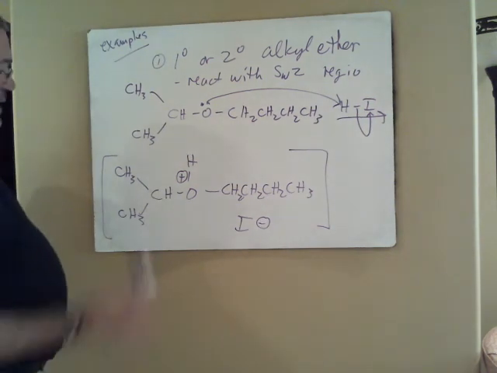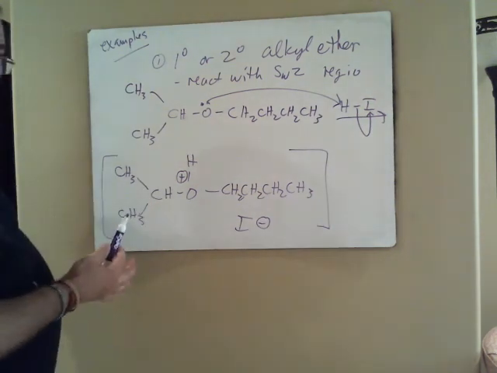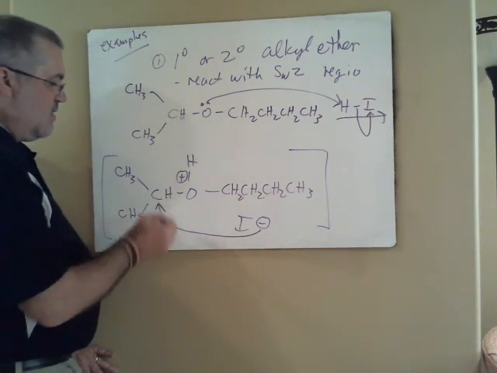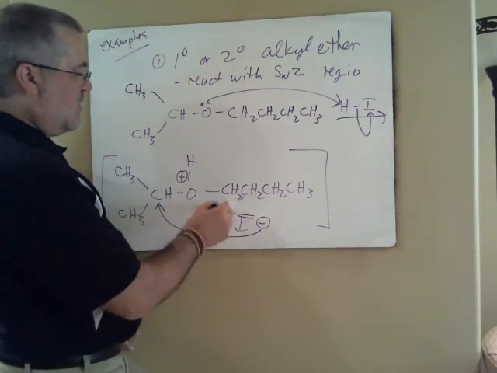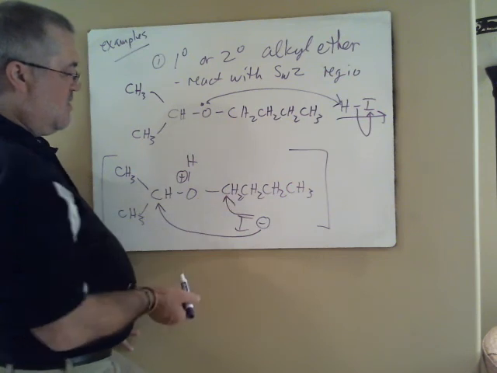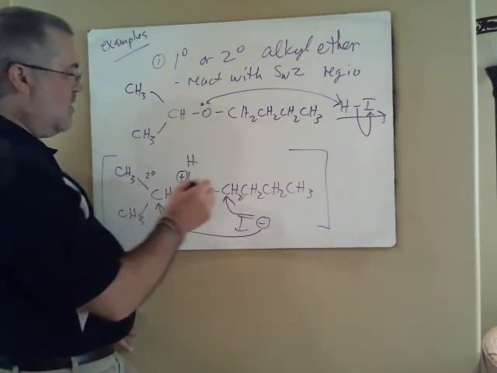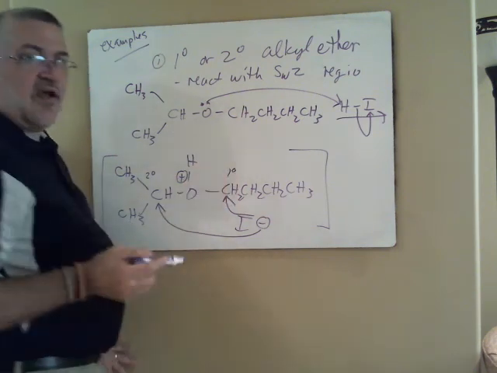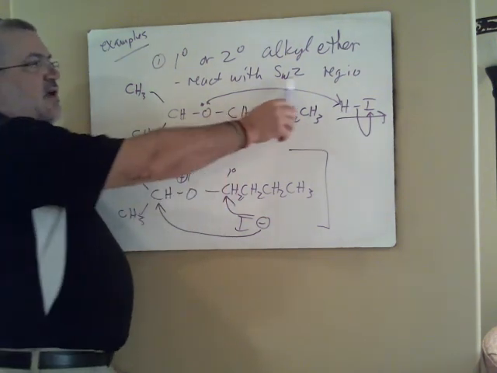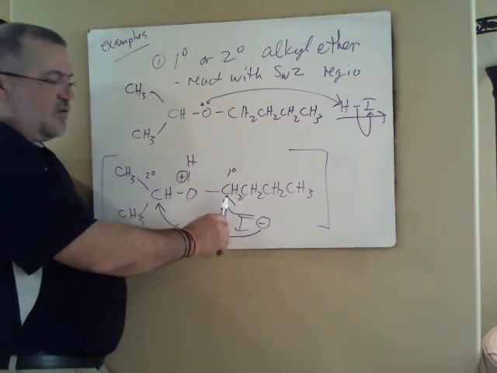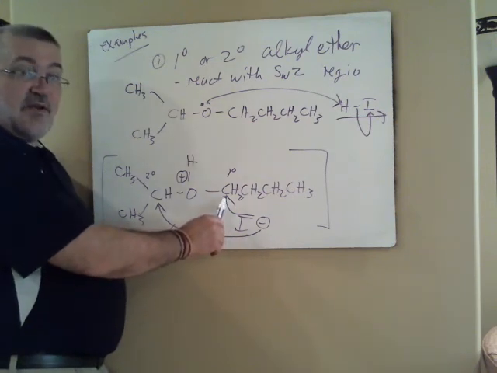Okay? So now I minus has a choice. Does I minus come in and attack at this center, or does it come in and attack at this center? Well, this is a secondary center, and this is a primary center. So if this reaction is SN2 regiochemistry, that nucleophile is going to go to the less substituted side, right?